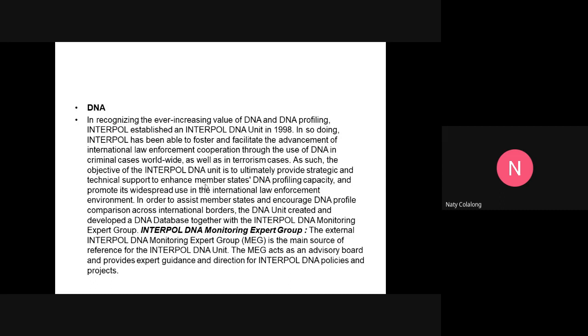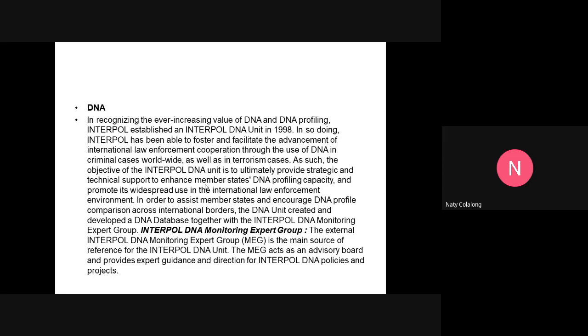As such, the objective of the Interpol DNA unit is to ultimately provide strategic and technical support to enhance member states' DNA profiling capacity and promote its widespread use in the international law enforcement environment.